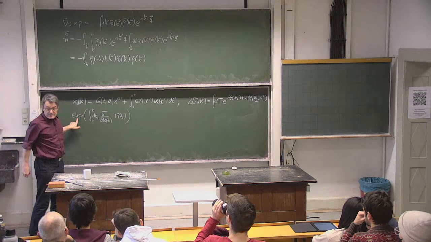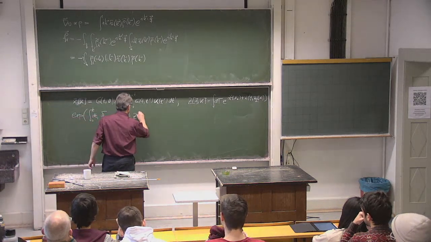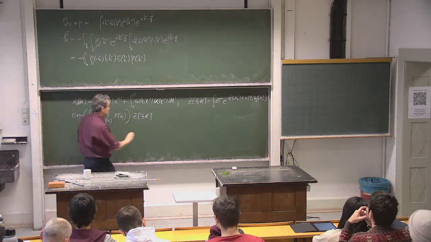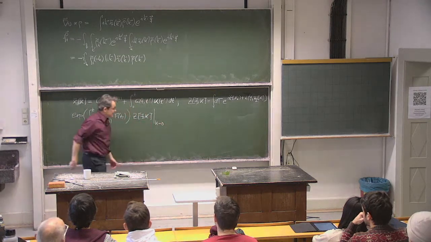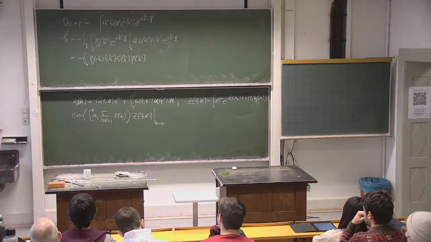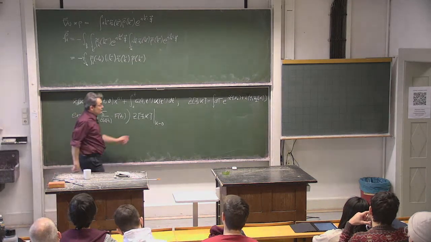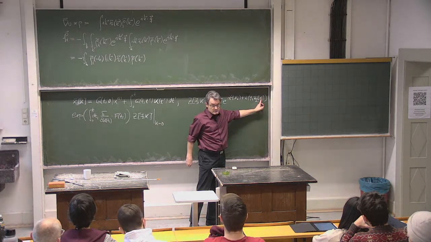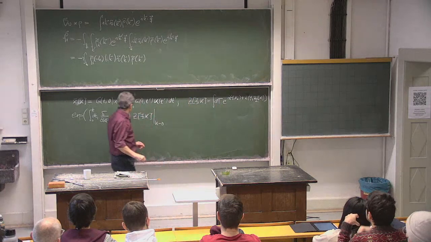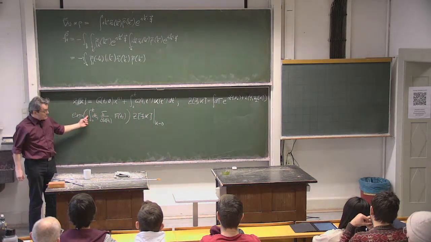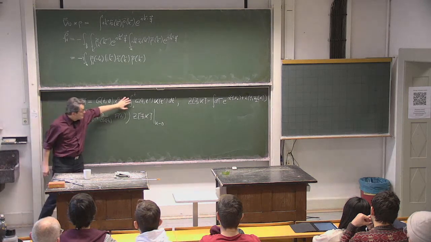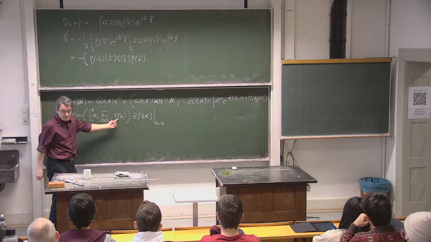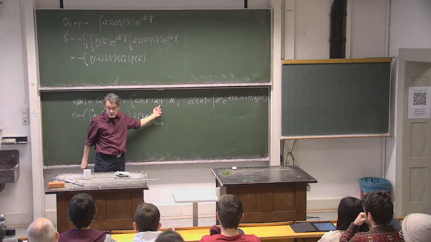Now, if you apply this exponential operator to the generating functional of J and K, and you then set K to 0 after you have applied this exponential operator, then what it will do is, first of all, replace the K here by K plus F. And you will set K to 0.